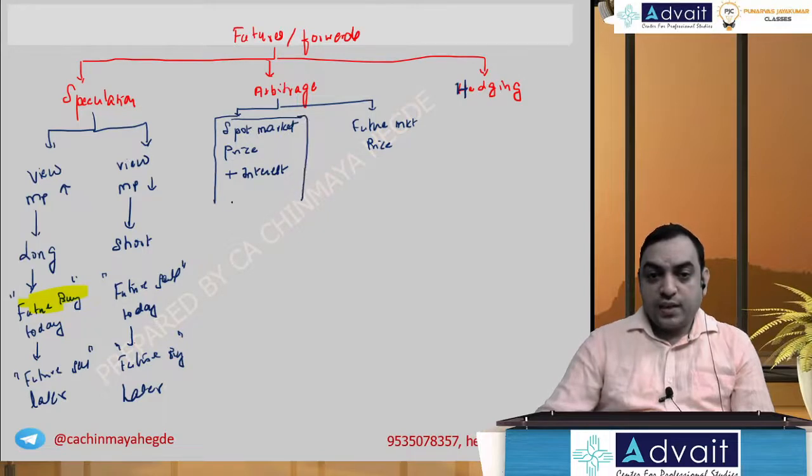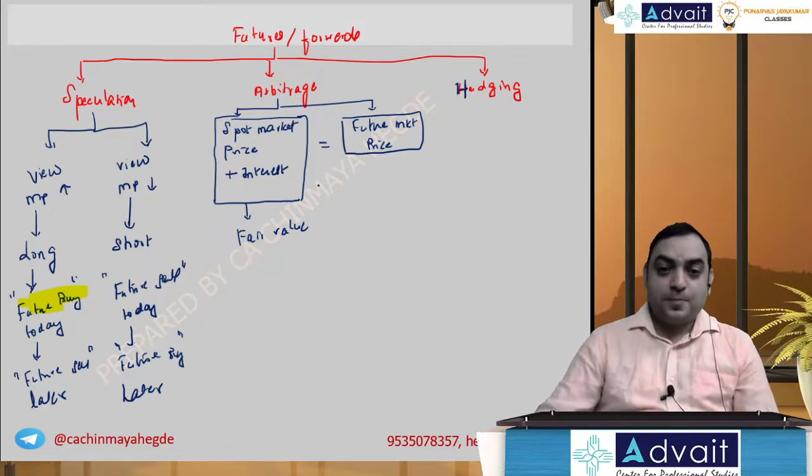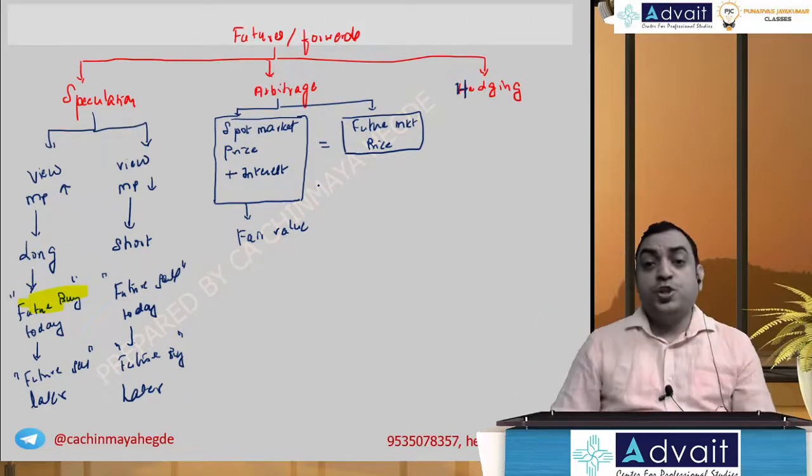This spot price plus interest is called the fair value of the future. So fair value should be equal to price. That's what we require.